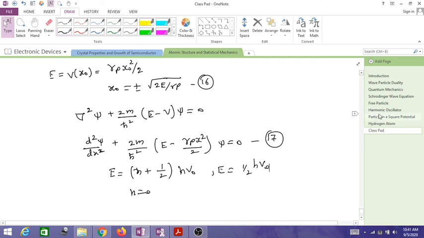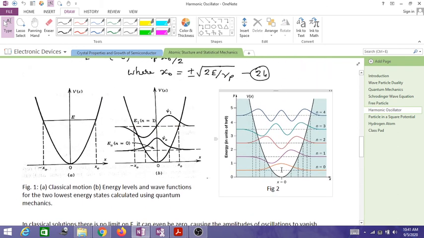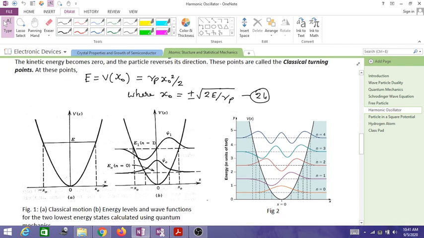So if you look into this equation and these waveforms, even at n equal to 0, we have oscillations like this, where the potential energy is not 0. And when n is equal to 1, it is 1 plus half of h into v, so we get these kinds of waveforms. So this is what is important to understand.